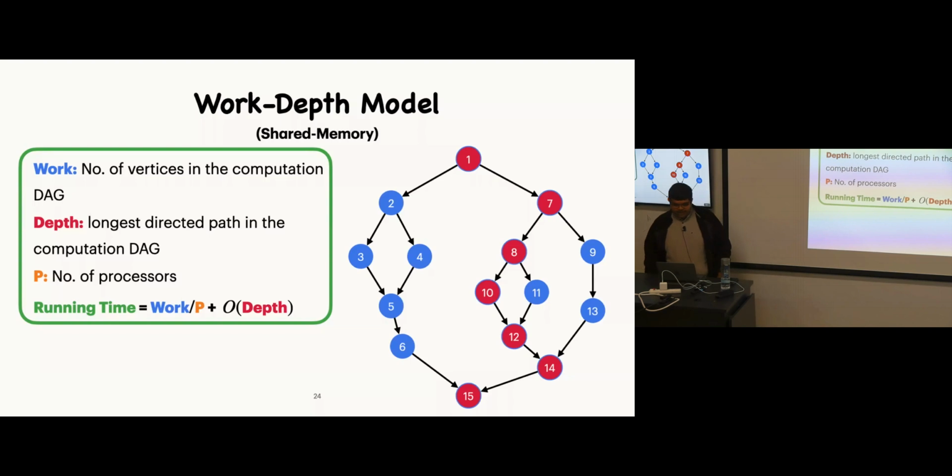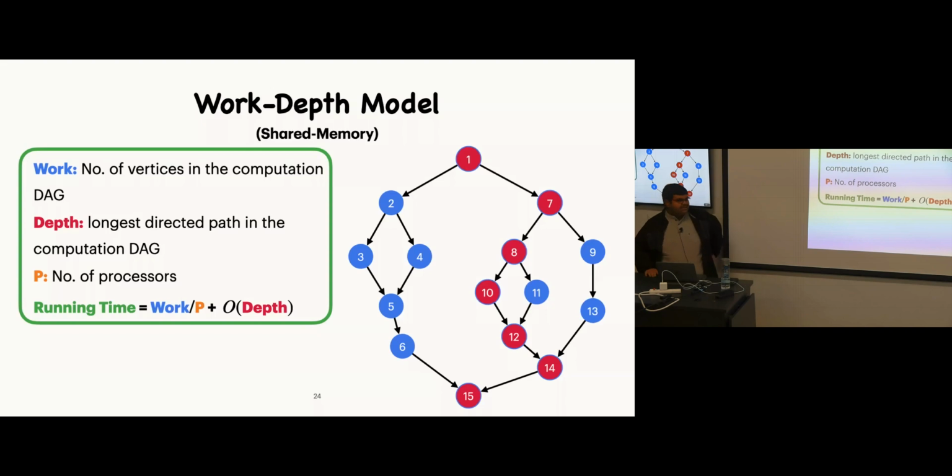Then there is the notion of depth, which is defined as the longest sequence of dependent operations, or the longest directed path in this computation DAG, right? The viewpoint is that even with an infinite number of processors, this is the overall running time of the algorithm.